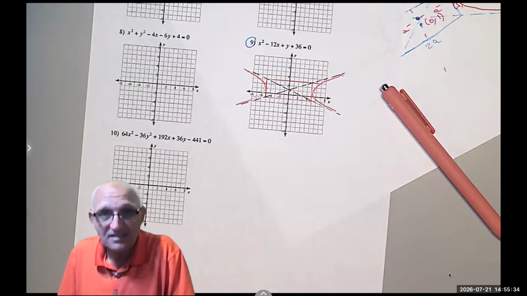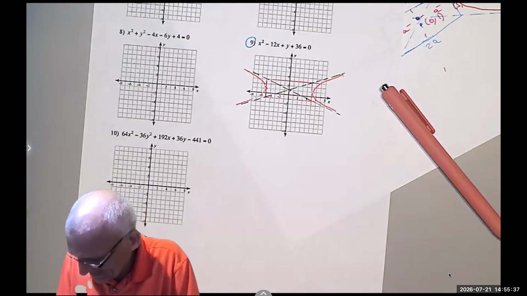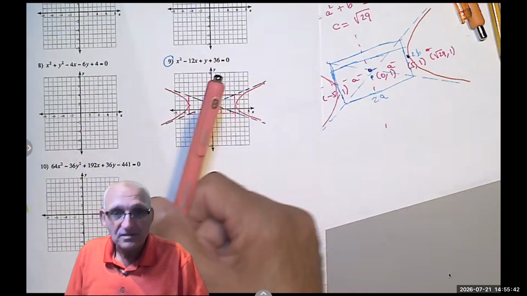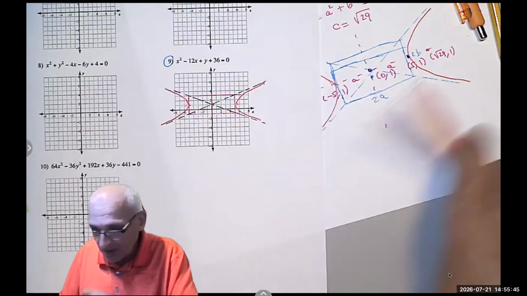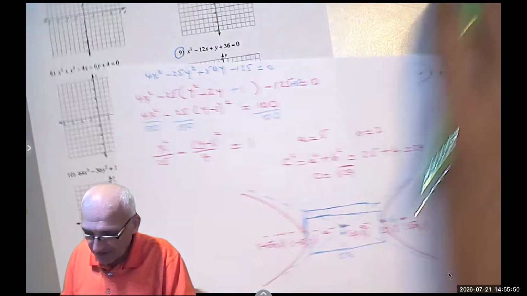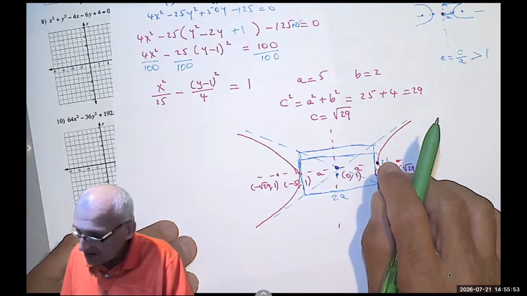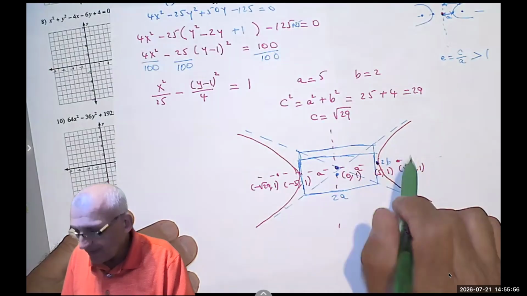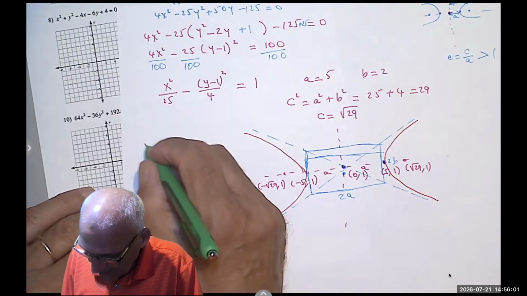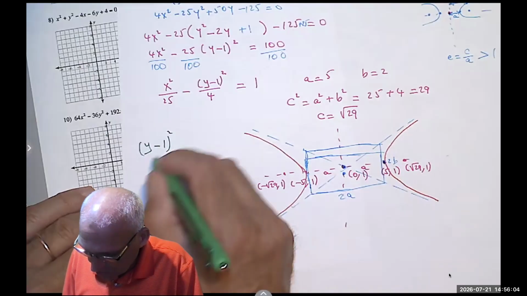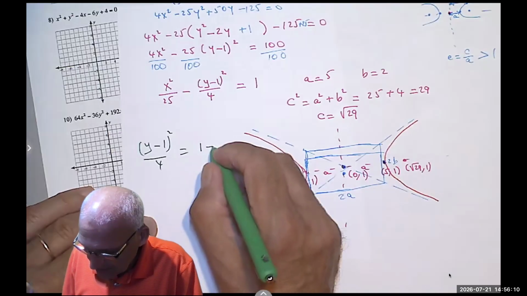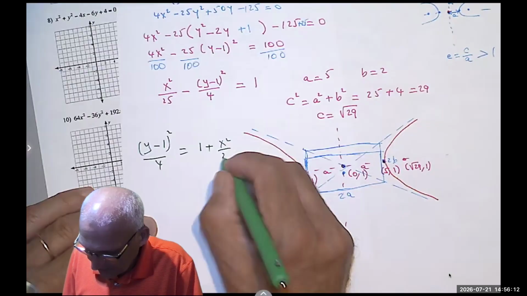We found a, b, c. Yeah, you see how easy it is? As easy as a, b, c, not 1, 2, 3. We found the foci. We plotted the two. Suppose you wanted to plot that on your calculator, right? Well, this is x, so you can say (y minus 1) squared over 4 equals 1 plus x squared over 25.